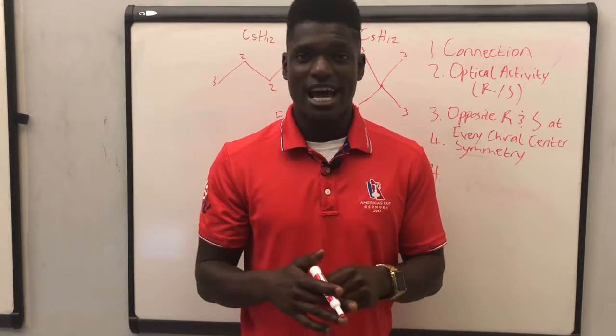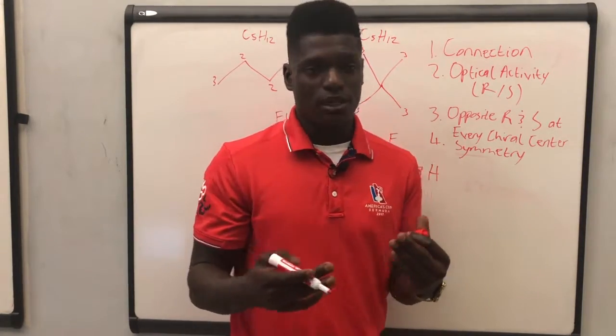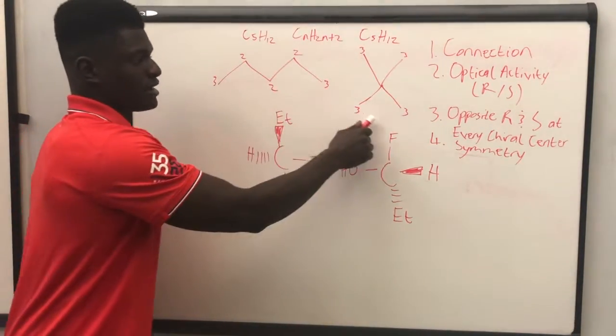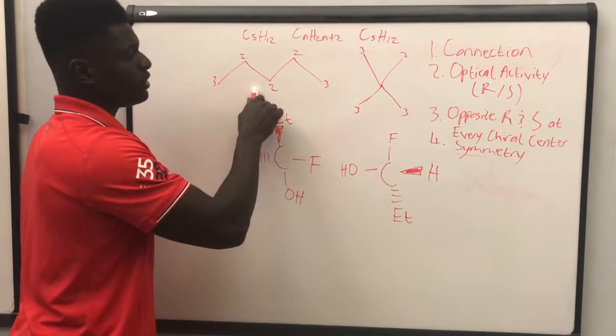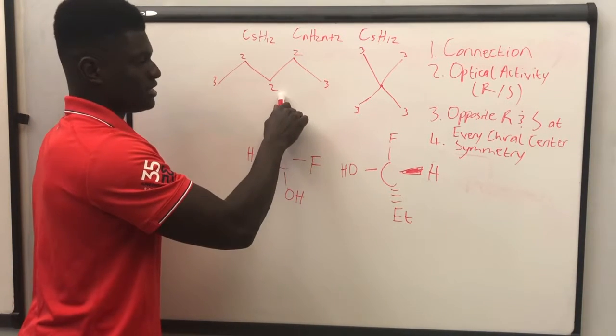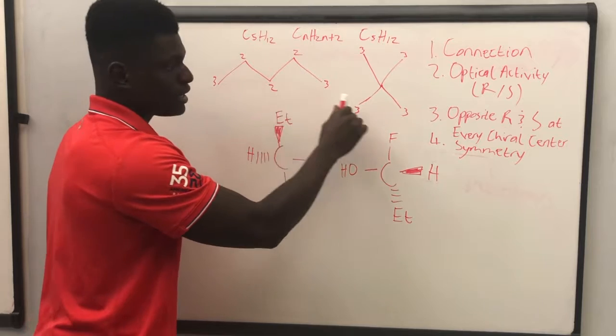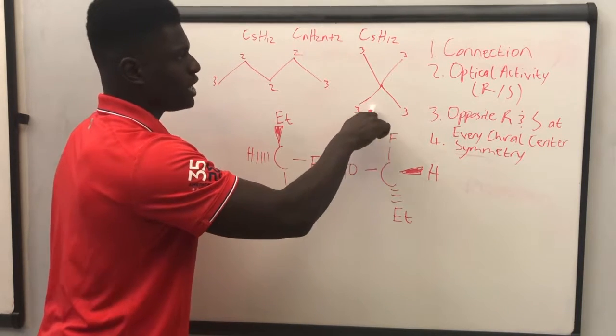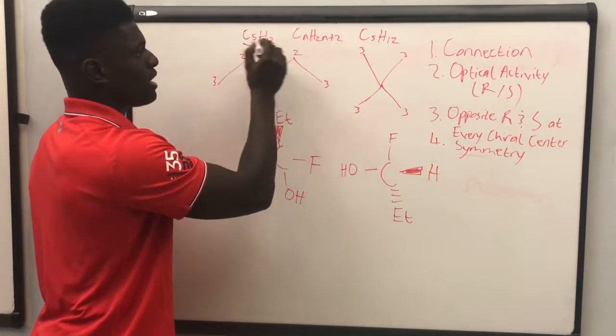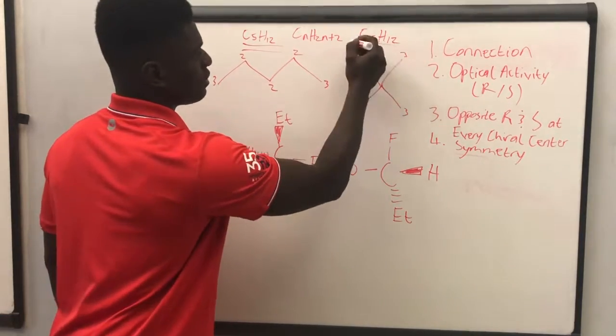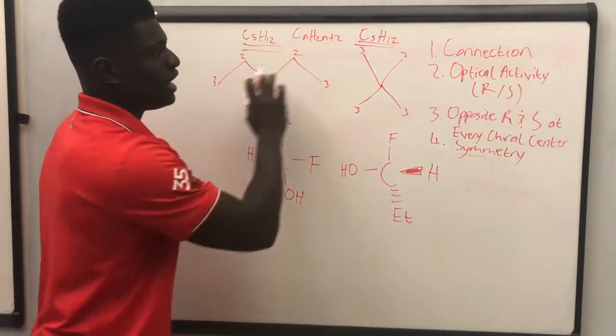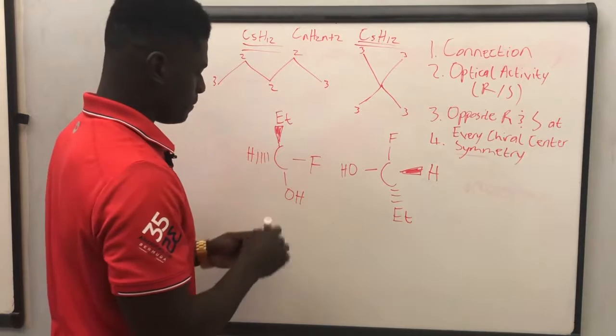Why? Because they have the same molecular formula, but different connectivity. How the atoms in this molecule of pentane are connected completely differs from its counterpart, neopentane, but they both have that same molecular formula. Therefore, these are constitutional isomers, right?